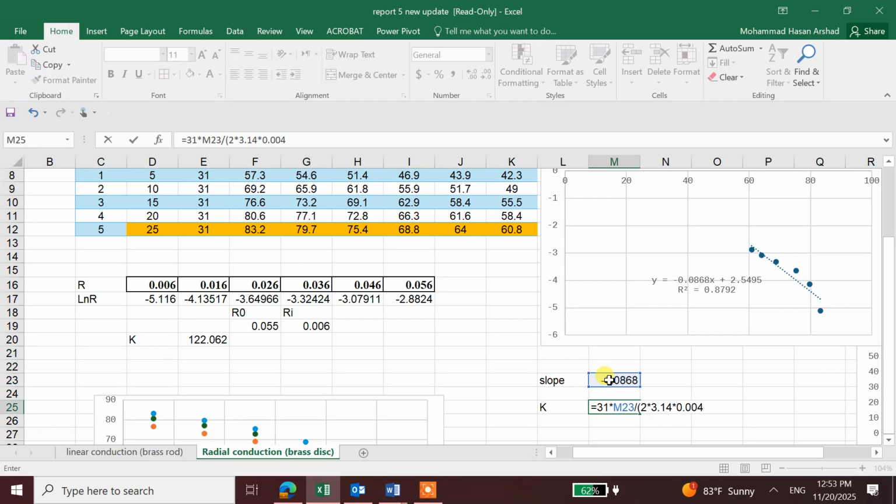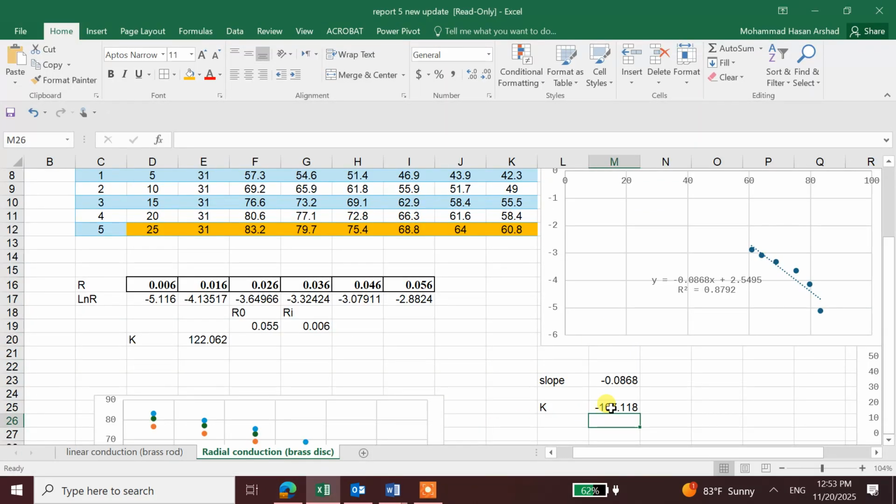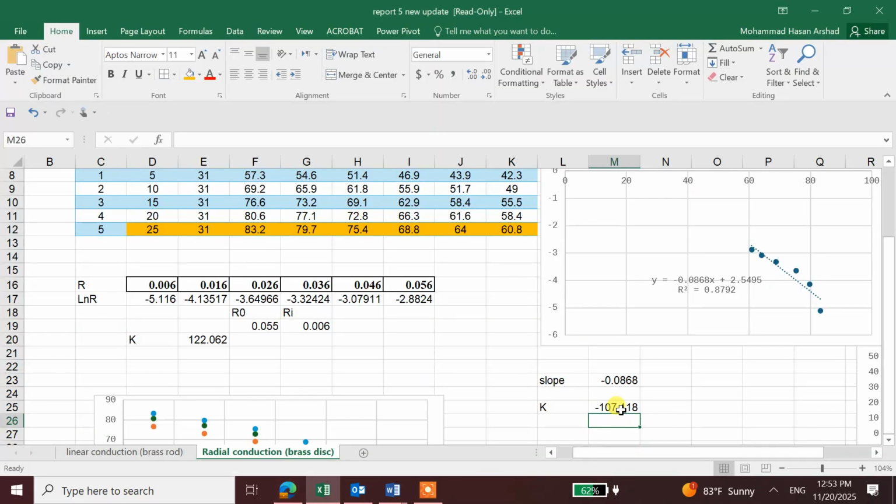The slope is negative. So in this case we got k as 107.